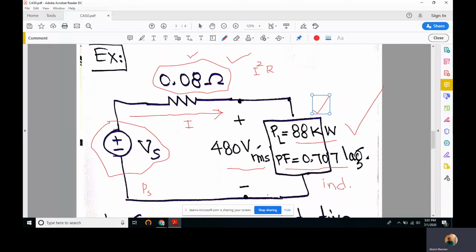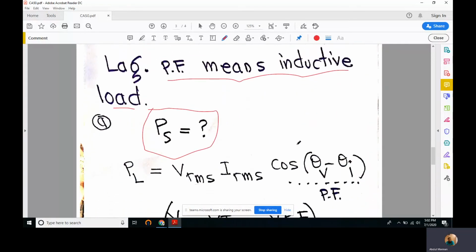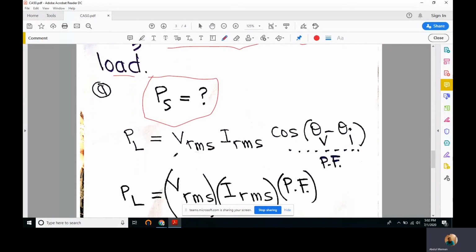We are given the power, the voltage drop across the load, and the power factor. Let's write the expression for the power of the load. Here I have written it for you. Power absorbed in the load is the voltage drop across it times the current through it times the cosine of theta v minus theta i. And we know that the cosine of theta v minus theta i is the power factor.